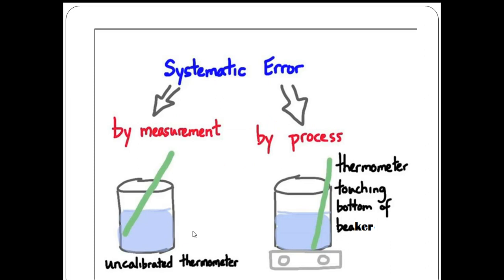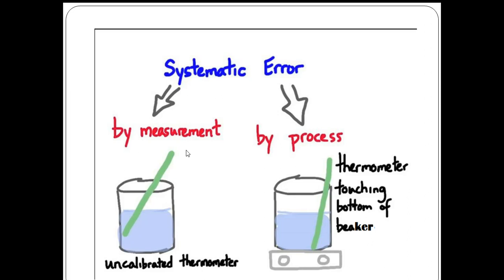See here, while measuring the temperature, the thermometer is touching the bottom of the beaker, and here the uncalibrated thermometer is not touching the bottom.